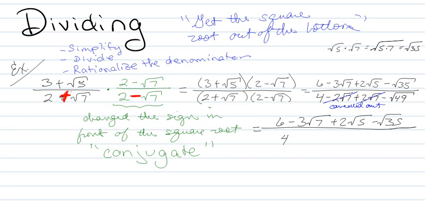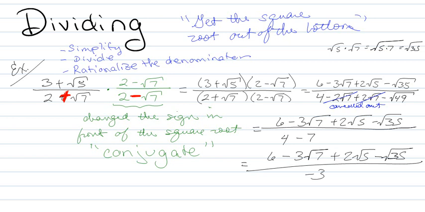Honestly, that made everything wonderful. Minus square root of 49 would be minus 7. So we got something along the lines of this, which we could simplify more if we felt like it, but we don't. The whole point was that now there is no square root on the bottom, and this makes us inordinately happy.